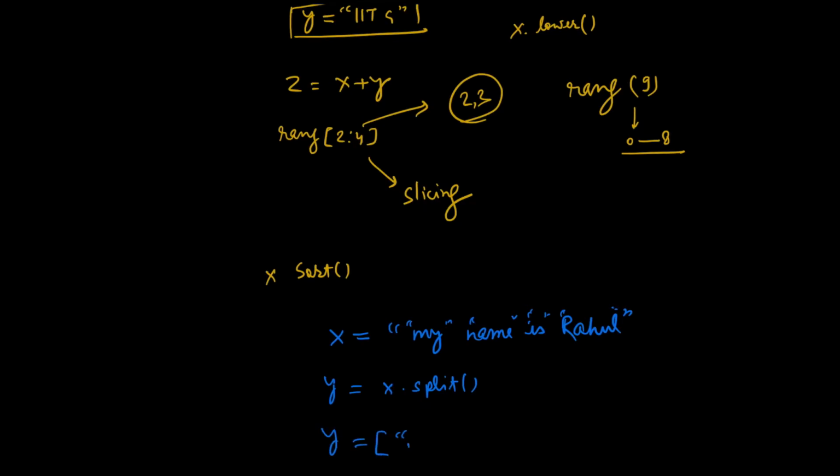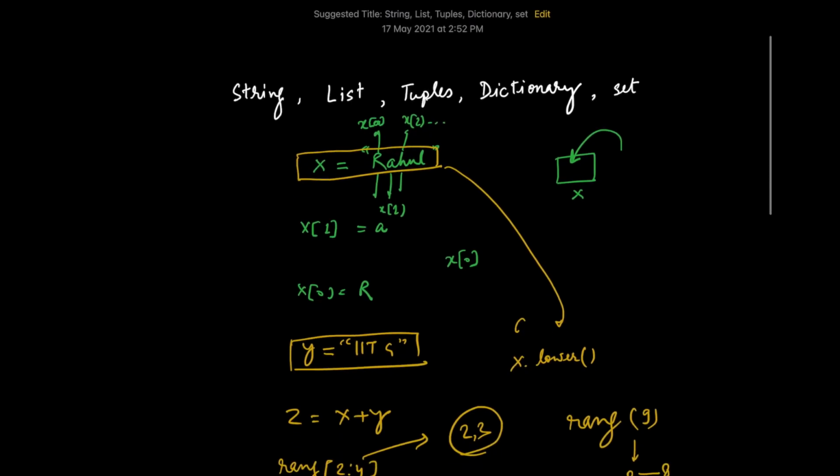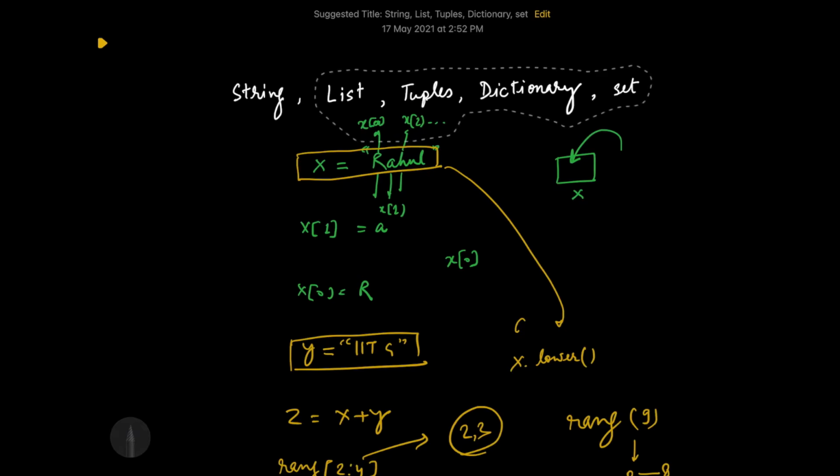If I print y, it will look something like this. Individually I can then access, as I discussed at the top, y of 0, so my will come. We will discuss lists in the next video, but before that I want to give you a brief overview of this data structure.